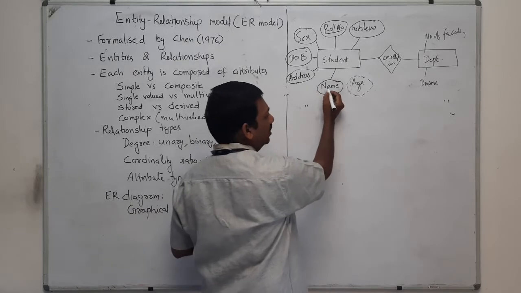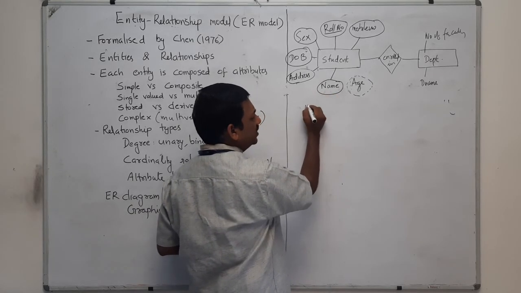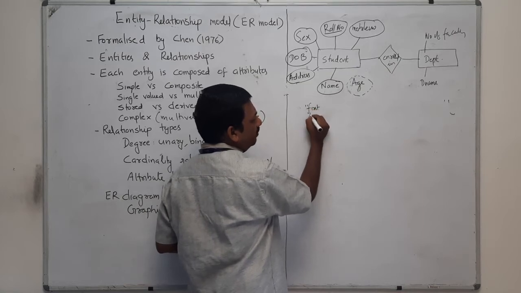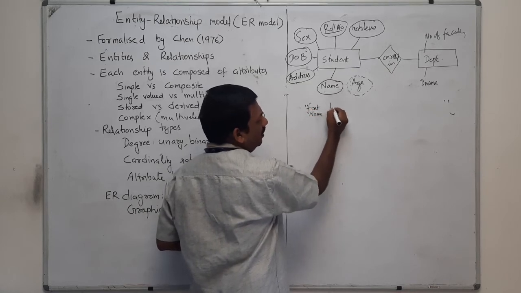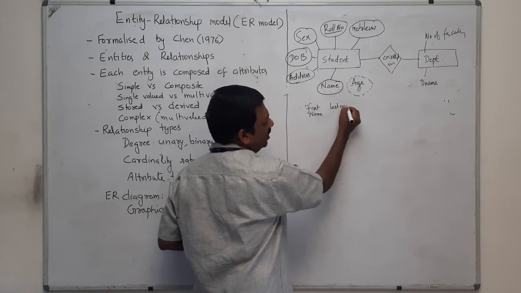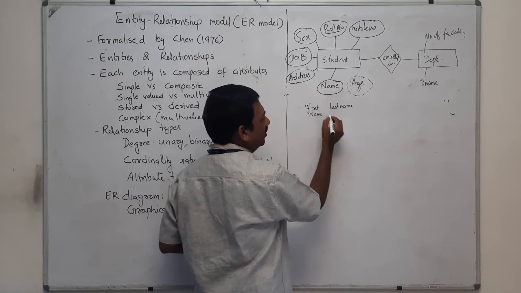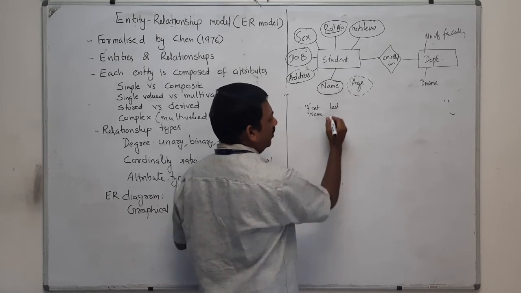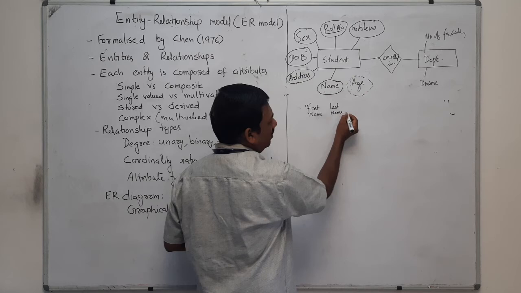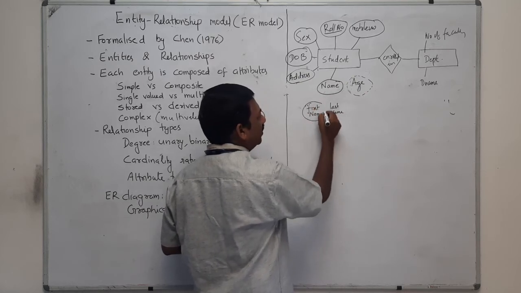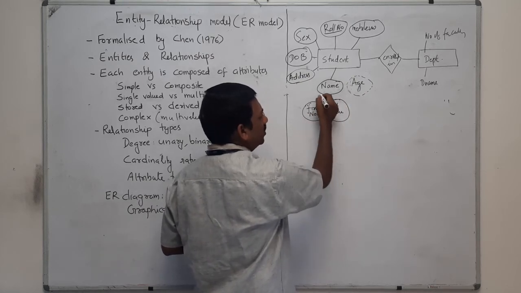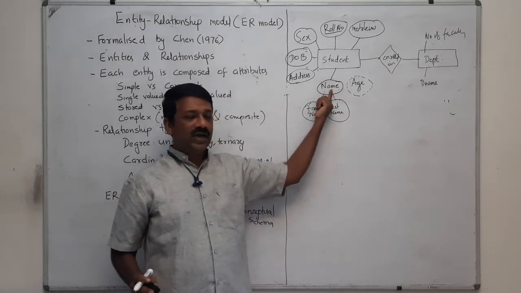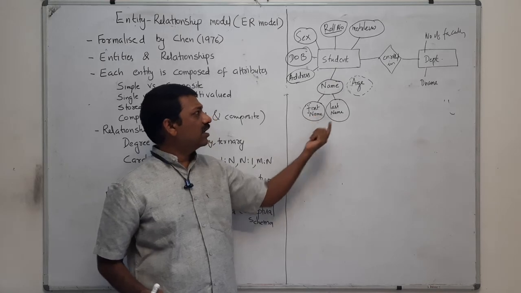Suppose this name is further divided into first name and last name. We don't have any middle name, so these are two, and you connect them like this. That means name is a composite attribute that includes first name and last name.